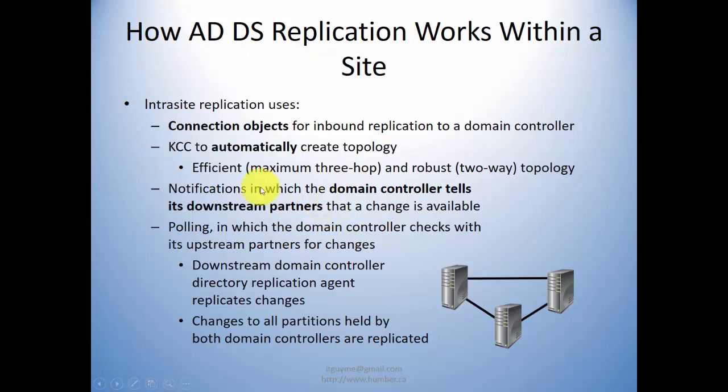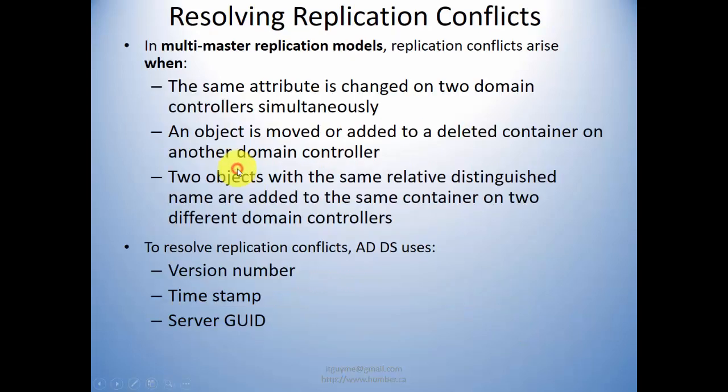Wow. Yeah. So KCC runs every, is it intra-site, one every 60 seconds? Within one site, one every 60 seconds. Yeah, exactly. So KCC is responsible for making sure all the communication and traffic is going smoothly. But between sites, that's the other feature. In multi-master replication models, replication conflicts arise. If there's a replication conflict, you're in big trouble.